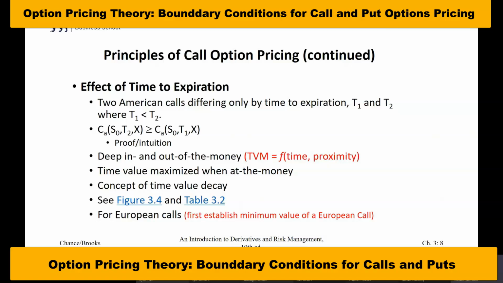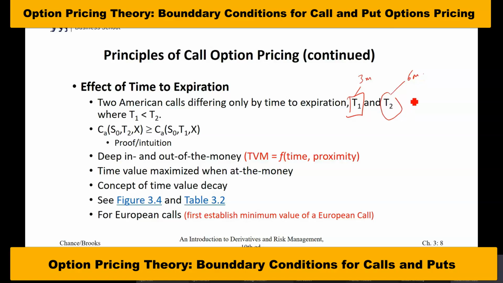Now, to illustrate this, we will take 2 American calls and both of them will be on the same stock. The only difference will be that one option is expiring in time T1, let's suppose 3 months, and the other is expiring in T2, let's suppose 6 months.